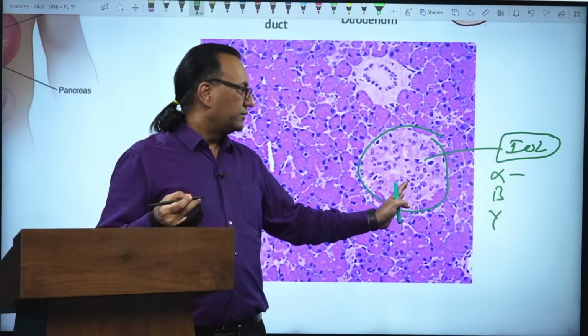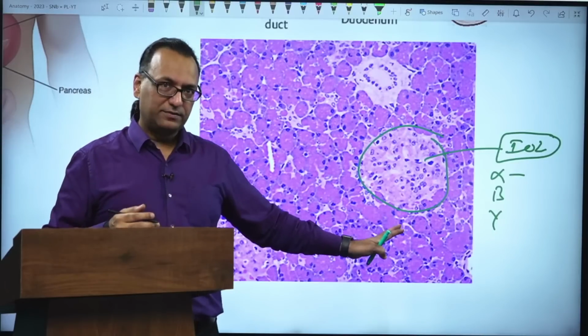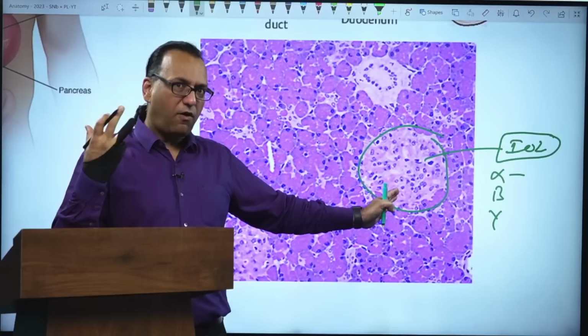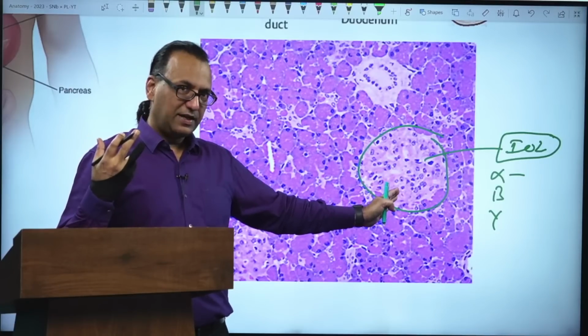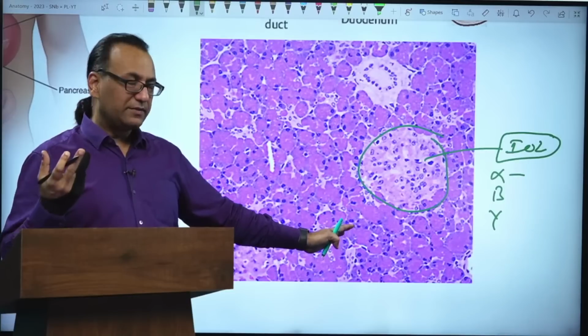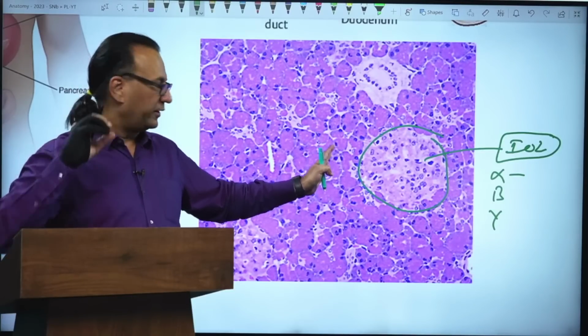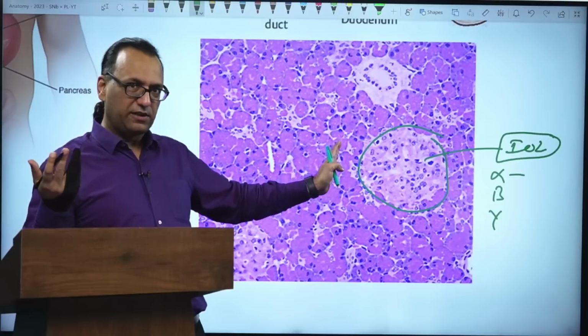Now the thing is that this appears like kidney only. This could be giving a false impression of glomerulus, and this could be giving the false impression of PCT, DCT. But then this is not PCT, DCT, because none of them will have a very conspicuous lumen as DCT would be having.